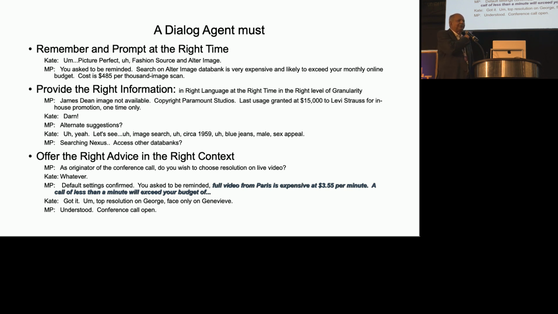So this whole set of issues on the AI Bill of Rights becomes central to building intelligent assistants. Offer the right advice in the right context. I'm saying all these things, I hope you're paying attention, because these are all user interface issues, ultimately.